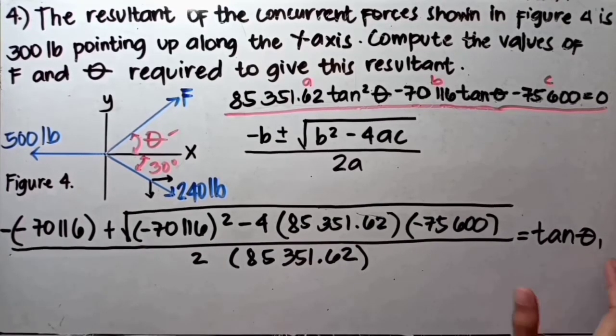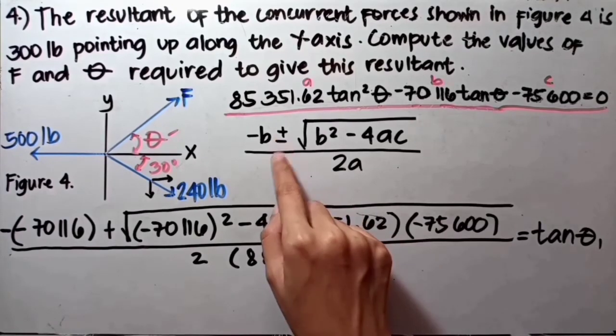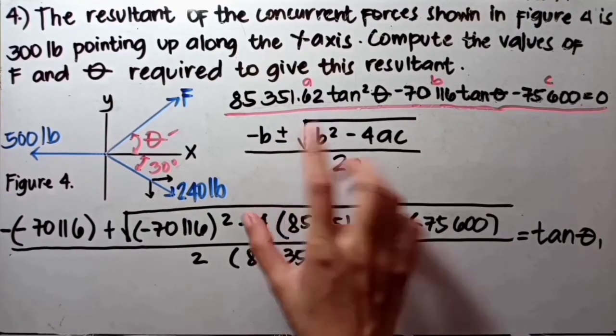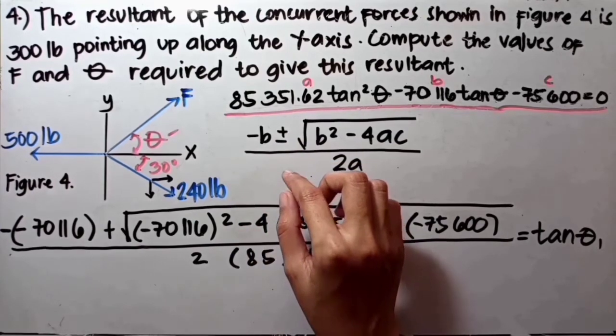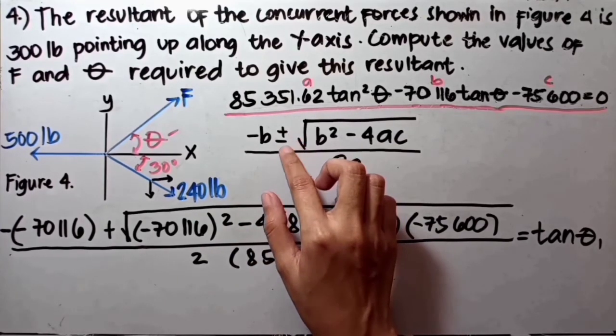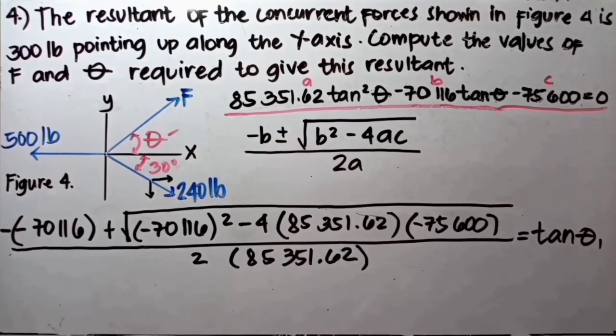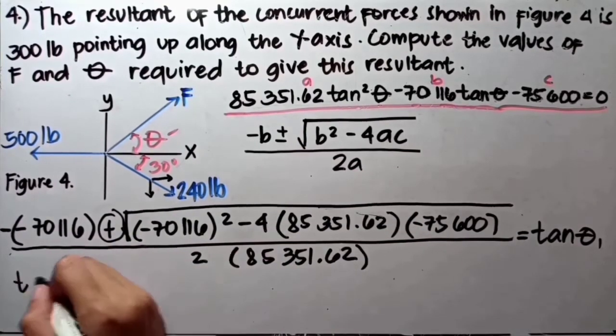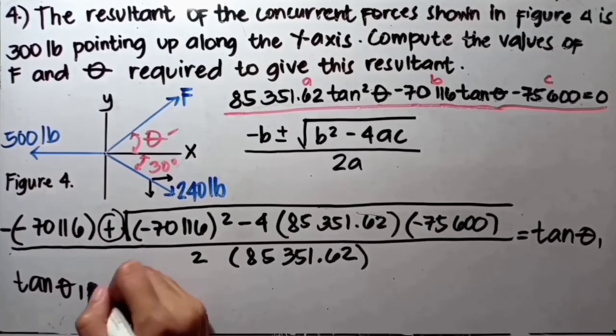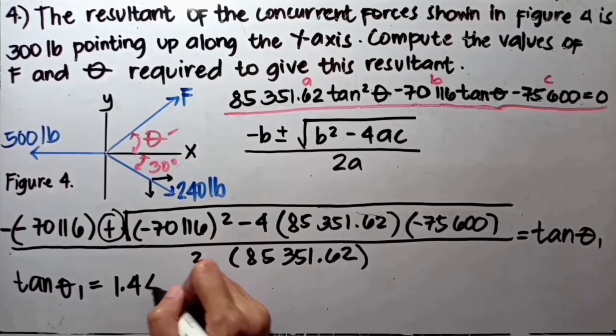So, bakit tan theta 1 ang nilagay ko? Kasi, inuna ko muna yung positive sign for quadratic equation. Diba? Dalawa ang sign for quadratic equation, which is negative and positive. So, positive muna yung ginamit ko. So, ang answer nito, if i-calculate natin, which is tan theta 1 is equals to 1.44.